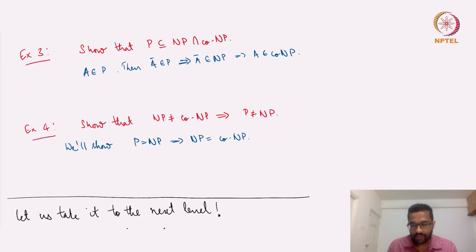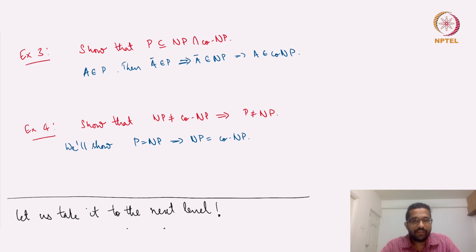If P is equal to NP, that means all the languages in NP are also in P. What is co-NP? Co-NP is the class of languages that are the complements of the languages in NP. But NP is equal to P, and P is a class which contains its own complement.